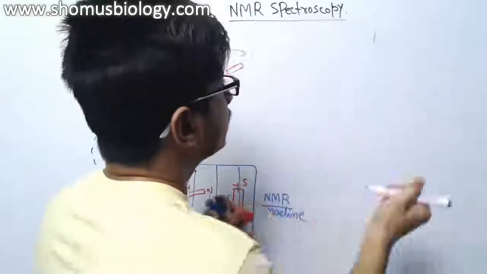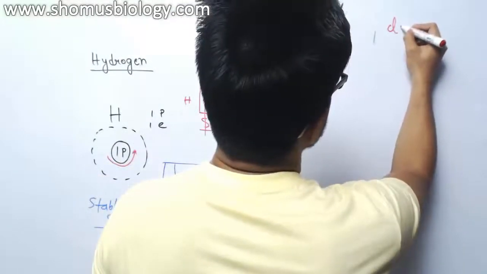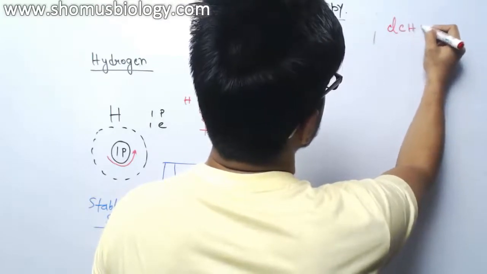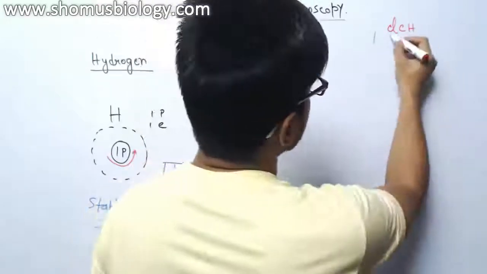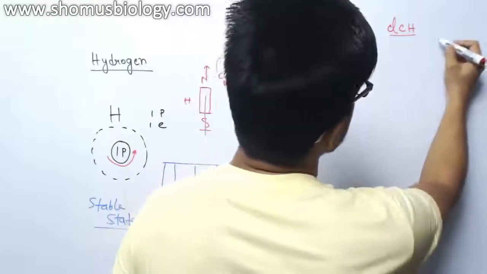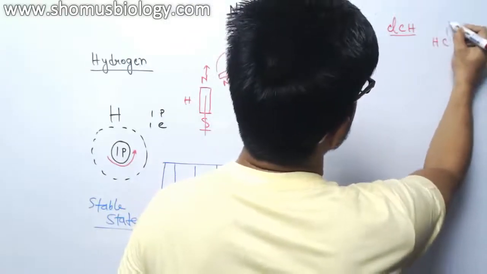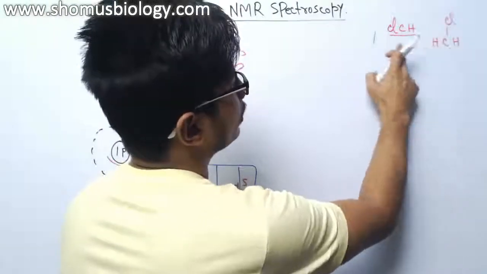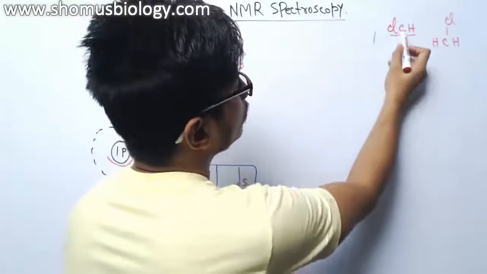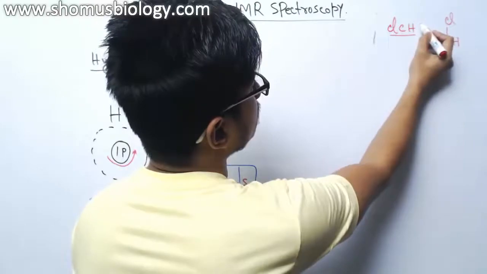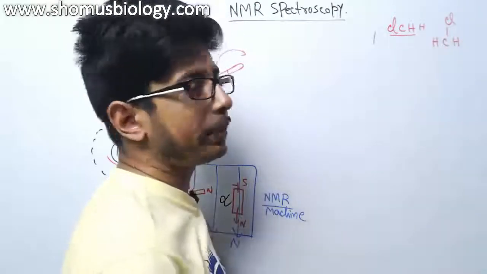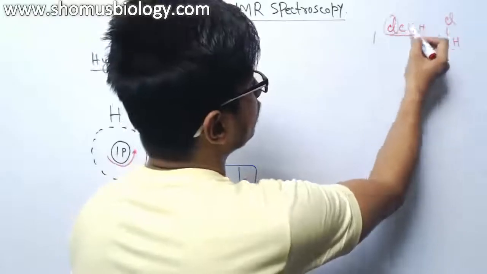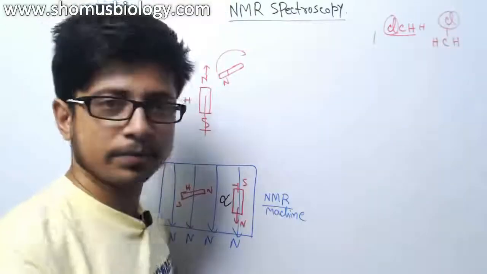An example could be chlorine, carbon, hydrogen, or it could be hydrogen, carbon, hydrogen attached with chlorine. If you look at these two scenarios, chlorine is present, one carbon, two hydrogens are present. The same thing may happen, but the arrangement of chlorine is different in these two cases.